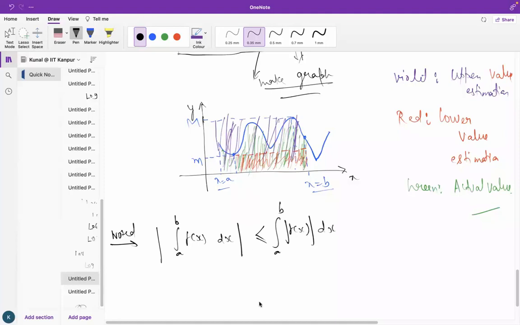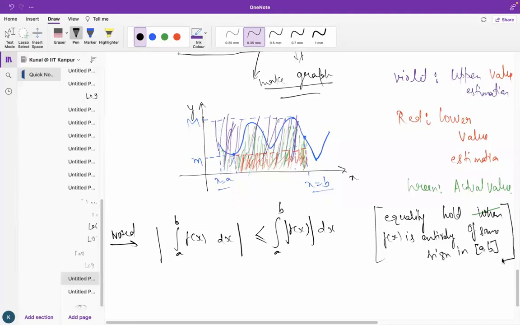We actually did this in lecture 1 or 2 of definite integration. I don't clearly remember, but this is what we learned. The noted point here is that equality holds when f of x is entirely of the same sign in a to b. Okay, so this is the thing.